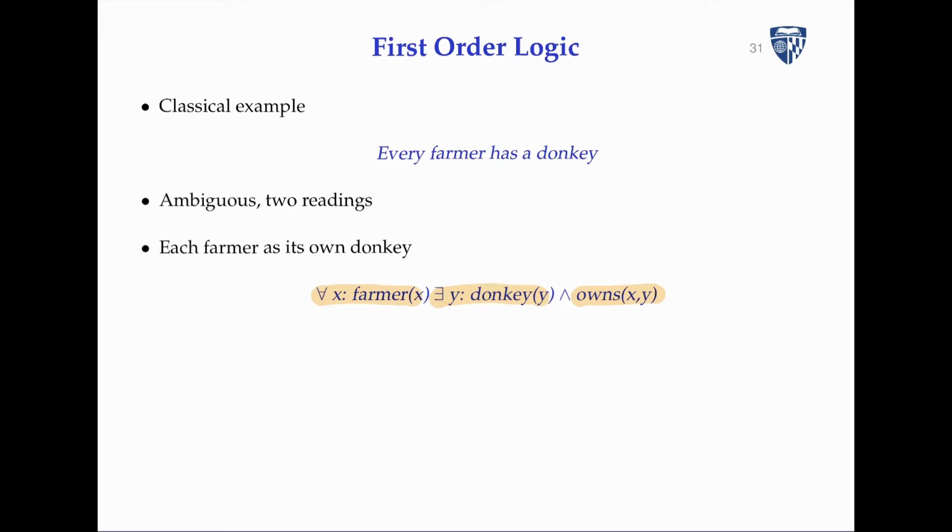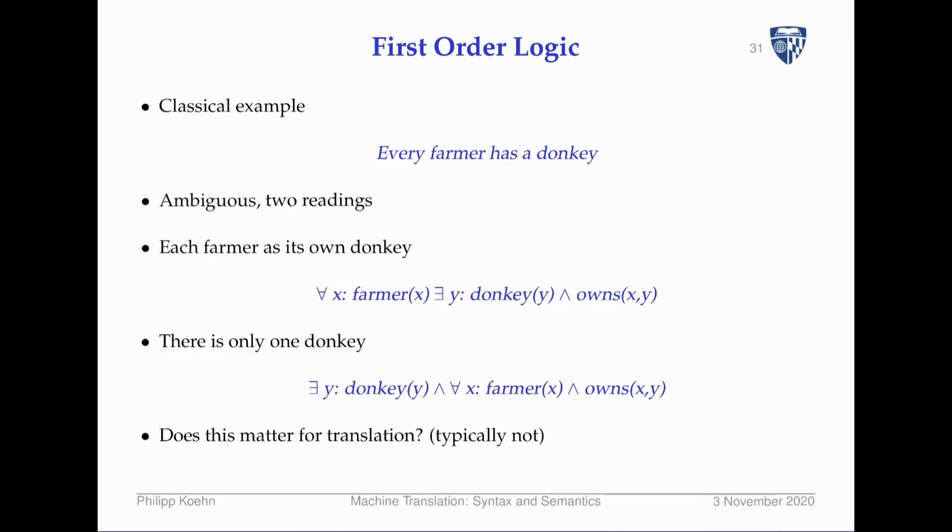That is their donkey. Here's another meaning. There's only one donkey. So there is a donkey, and for all farmers, they own that one donkey. So this "a donkey" is actually only a single donkey in the sentence. So every farmer has that donkey.